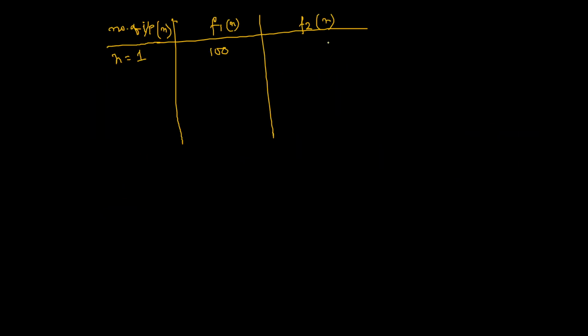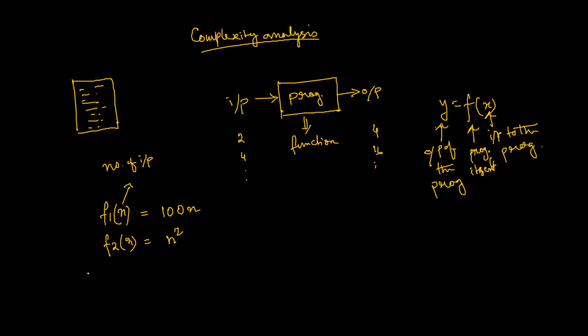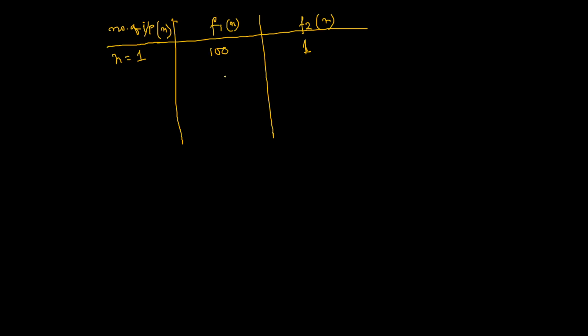But f2(n) will also give 100. No, I'm sorry, it will give 1, since 1 square is 1. The unit may be microsecond or nanosecond; assume they have the same unit. That is not important.